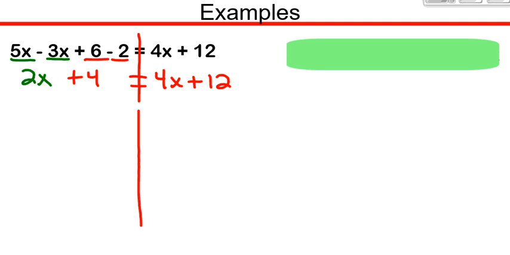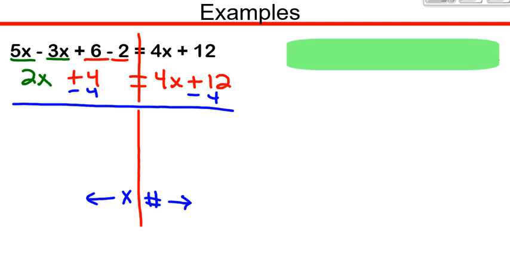All right, so it's getting smaller. I need to get all my x's over here and all my numbers over here. Okay, so let's start by subtracting 4 from both sides. Again, if you wanted to move the x's first, you could, but I'm just doing it in the order that I choose. Okay, so 2x is going to be left over here because the 4's will cancel.